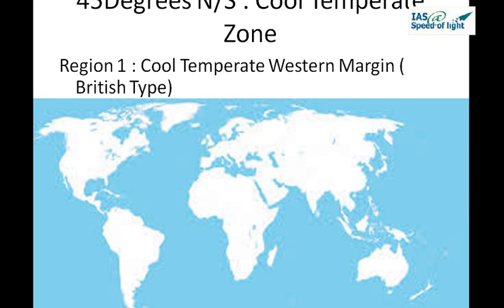So let's start with region one, which is the cool temperate western margin, also known as the British type, because this type of climate we find mostly around Britain or London, right? Britain, London, UK. This is Norway and Sweden.